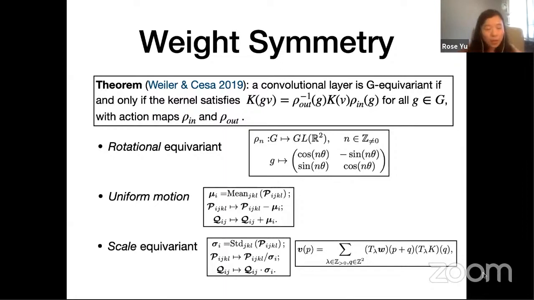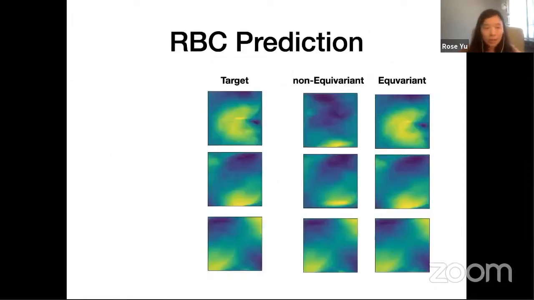Okay, so with this new type of convolutional architecture that satisfies group equivariance, we can show that, let's say we want to forecast the evolution of Rayleigh-Bénard convection, which is a type of turbulence. When we train our model on a certain dynamics and want to test it on very different dynamics, where we change the test distribution of the data by rotating it, scaling it, or doing a different type of transformation, to a non-equivariant model these test data will look completely different.